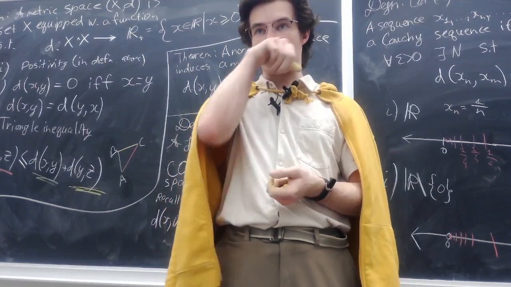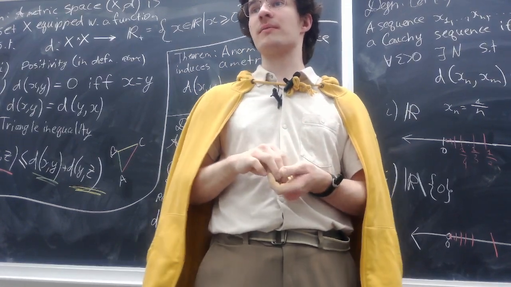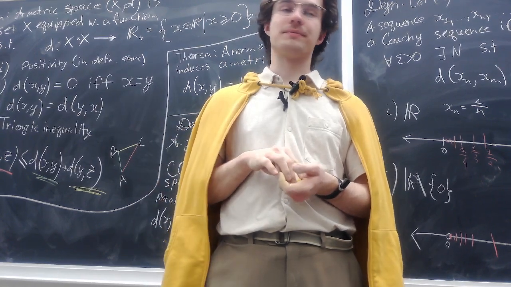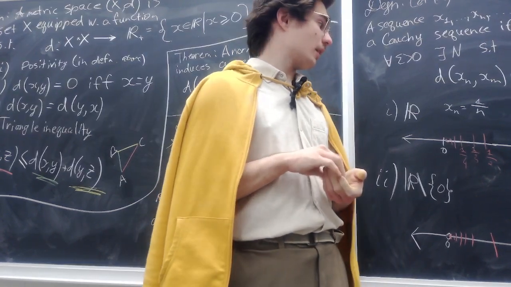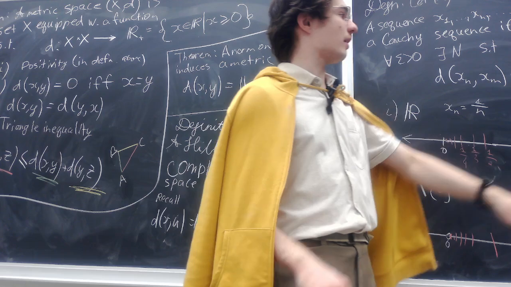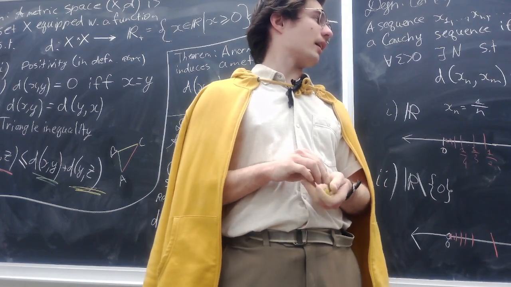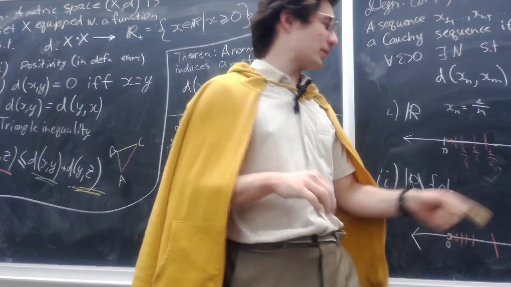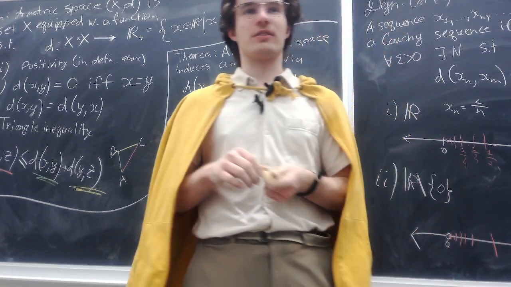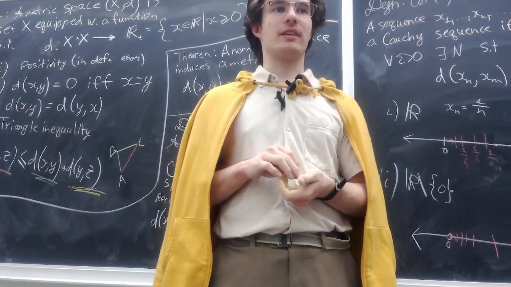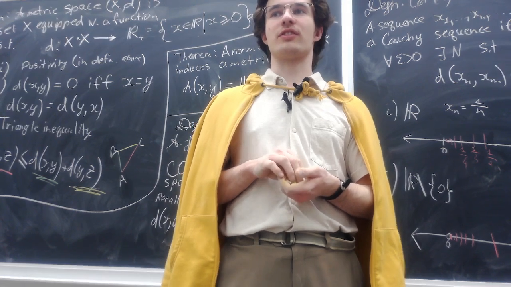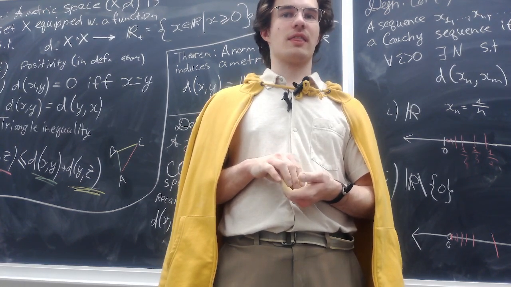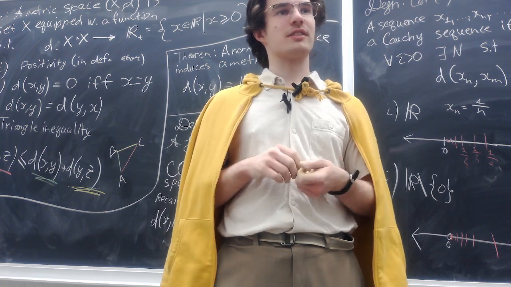So you still have a lot of different Cauchy sequences, but all of them eventually become just dots or just stars. So this is in fact a complete metric space. The space of dot and star, where the distance between dot and star is 1, is complete because all the Cauchy sequences you have are star star star and dot dot dot, and those converge to star and dot, respectively.